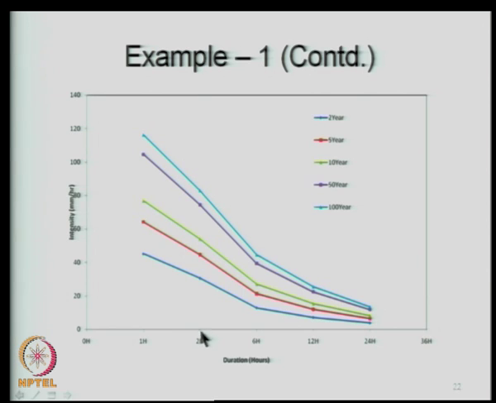Using this, for a given duration, we can pick up the associated intensity. Let us say you are doing a design for 5-year return period and 2 hour duration, you go to this curve and then pick up the intensity, 44 or something millimeters per hour, and that is the intensity that goes into your hydrologic designs.